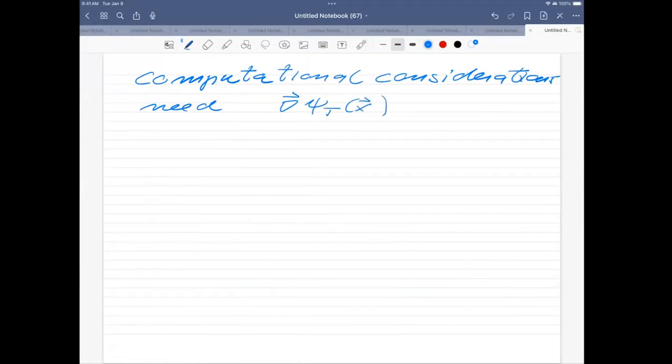And this x is now a collective parameter for all the variables which we have. So we need that one in the quantum force.